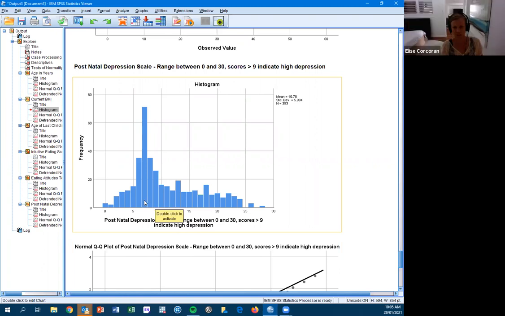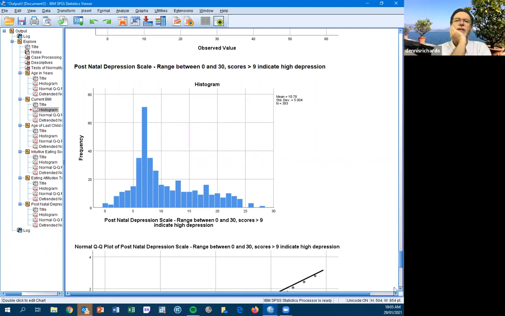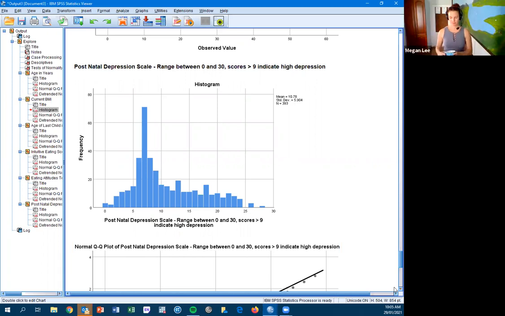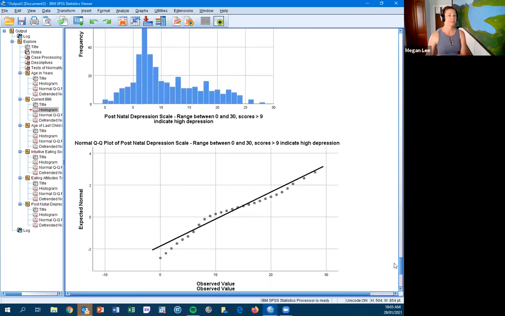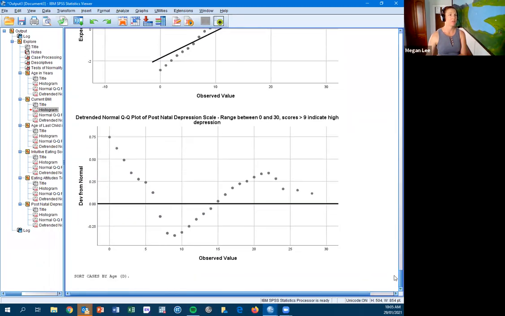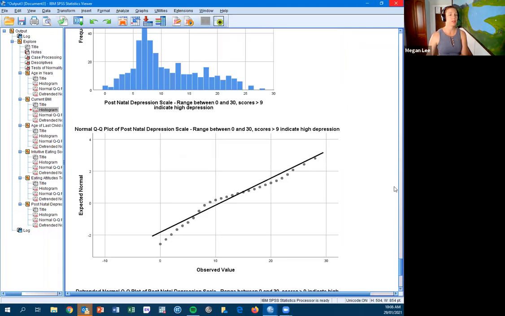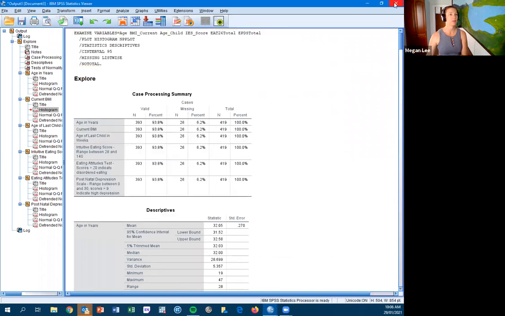But again, these are women probably at home on their own with one or more young children, with a lack of social support and things. You might expect them to be a bit down. So a little bit skewed, but that's not really a problem because we meet the assumption of normality through our central limit theorem.